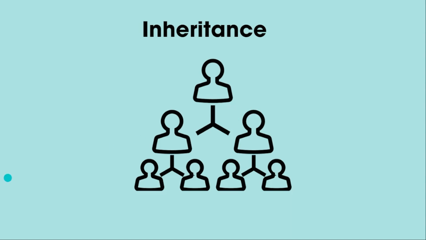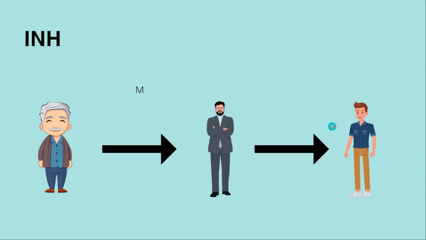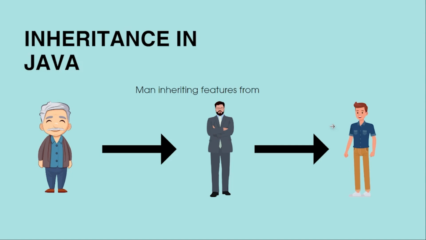So, to explain this concept, let's use a simple related example, a family hierarchy. Imagine we have 3 generations in a family: the grandfather, the father, and the son. Each generation inherits certain traits and behaviors from the previous one.